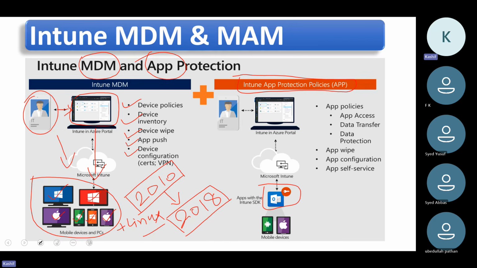If a user is trying to copy Outlook data from Outlook to Gmail, for example, will it allow that? Will it allow the user to copy from Teams to Gmail? So mobile device management and mobile application management we do from Intune. This is basically the core functionality of Intune.